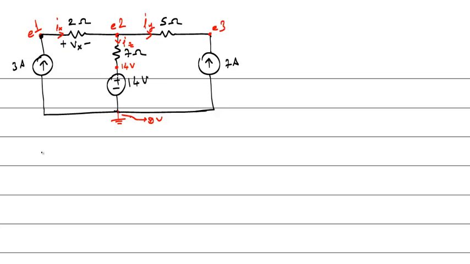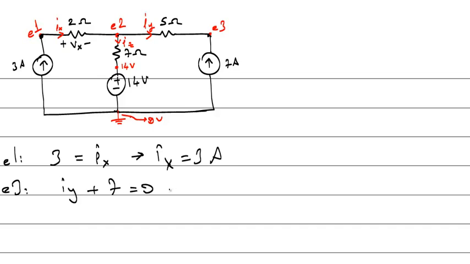You can say on E1, entering current is 3, exiting current is Ix, so Ix is 3 amps. On E3 you can say entering current is Iy, plus 7 is 0, so Iy is minus 7.